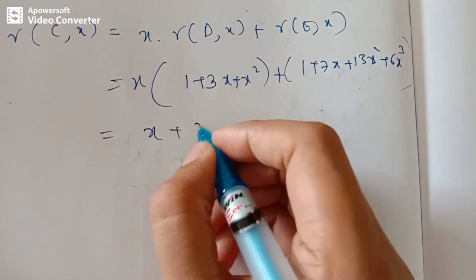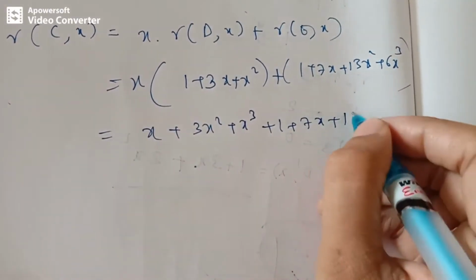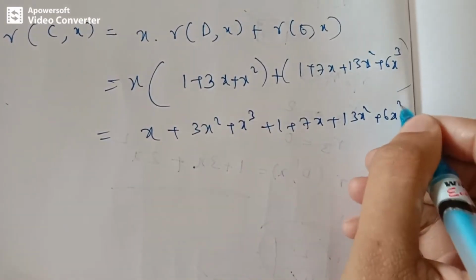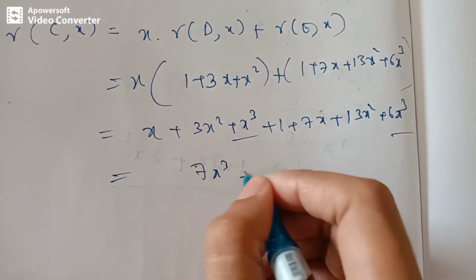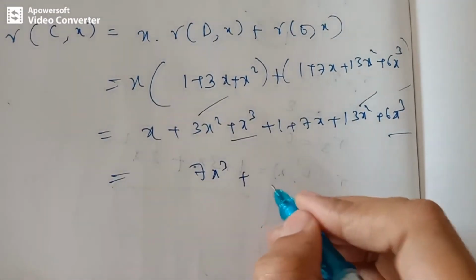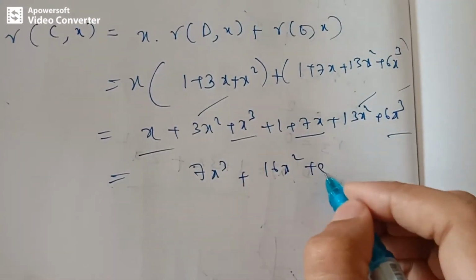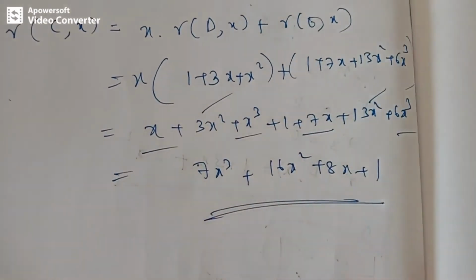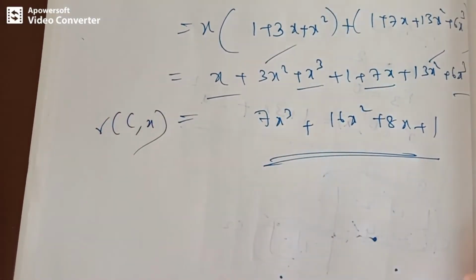So this will be x plus 3x square plus x cube plus 1 plus 7x plus 13x square plus 6x cube. So what we get is 7x cube plus 16x square plus 8x plus 1, right? So this is the Rook polynomial for this entire chessboard.